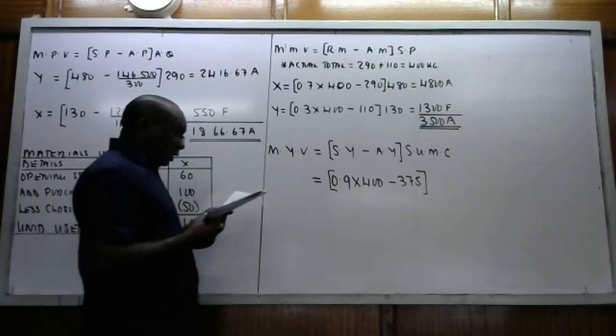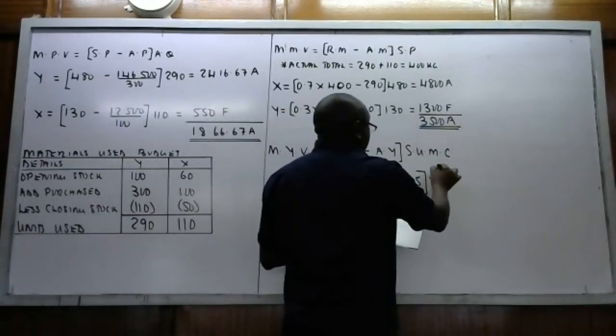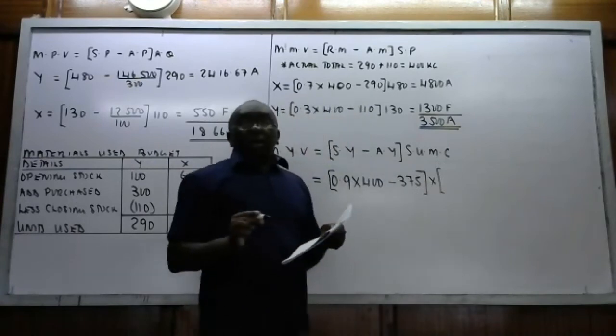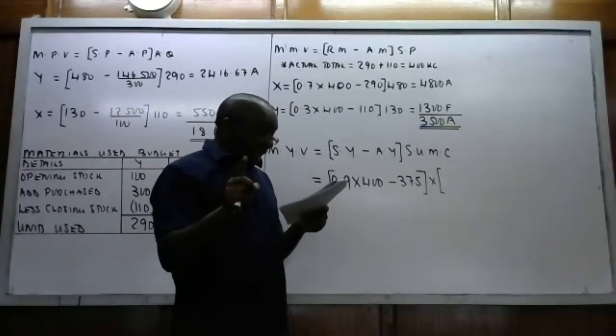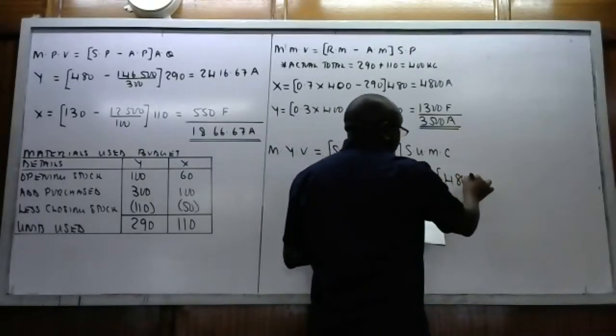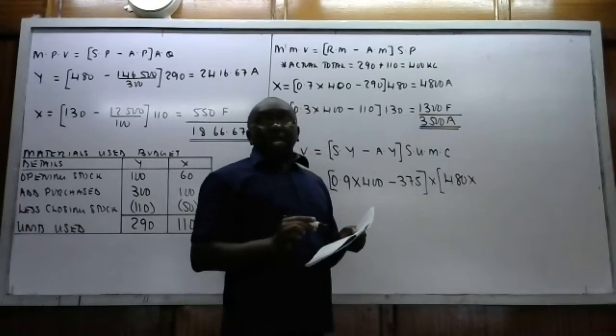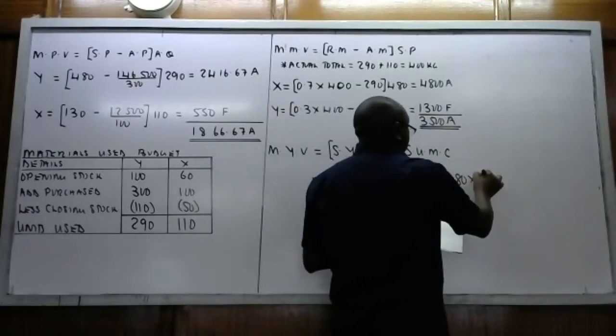We are mixing two items, X and Y. X costs 480 and is 70%, so 0.7.